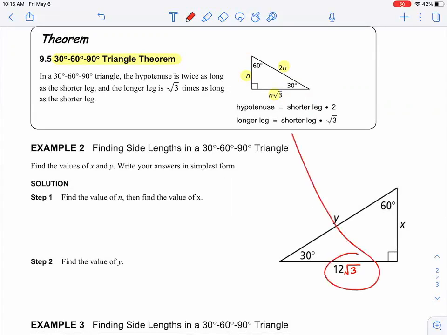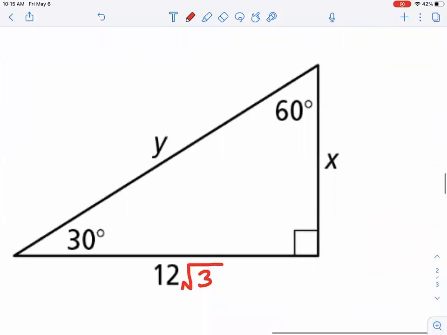That's like that guy, okay? That's our longer leg, which means our shorter leg is just the number in front of the root 3. So the shorter leg is going to be 12. And then the hypotenuse is twice the shorter leg. So that's going to be 24 because it's 2 times 12.